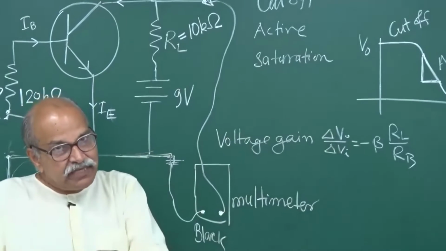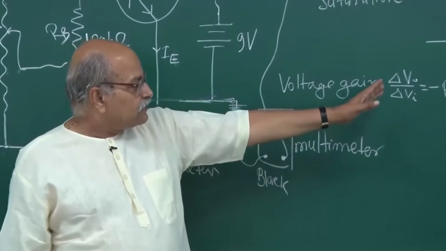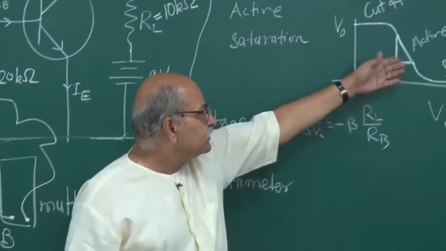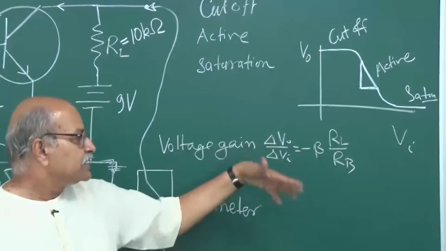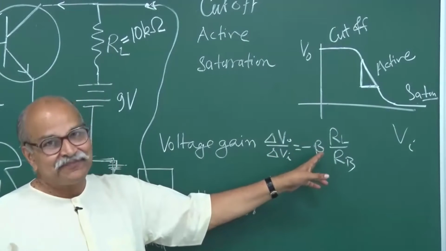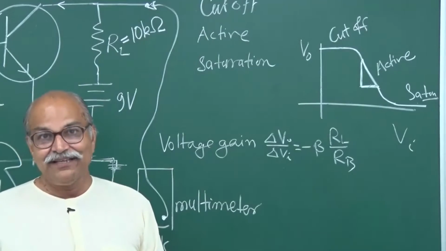So, this experiment once again we will be doing, and we will see whether this ratio is constant in this active region or how it changes, and then we will try to calculate beta of this transistor from our own observations. So, that is the agenda today.